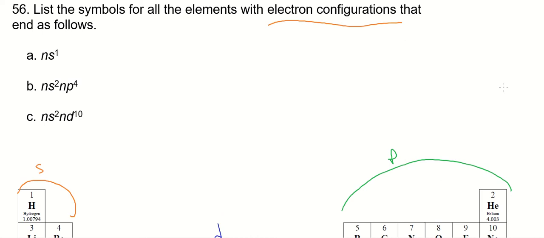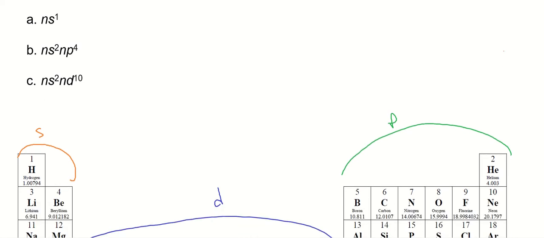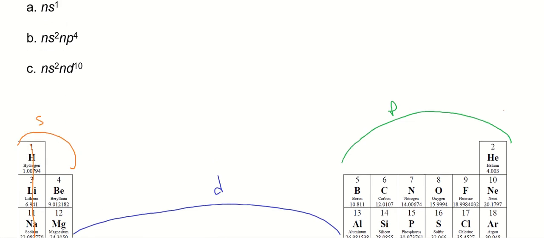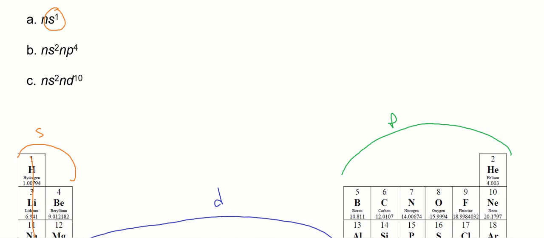The first column elements, like hydrogen, lithium, these alkali metals, they all have electron configurations that end in s1. And ns just refers to the principal quantum number, the energy level. Just to show you real quick, hydrogen has an electron configuration of 1s1. It only has one electron.